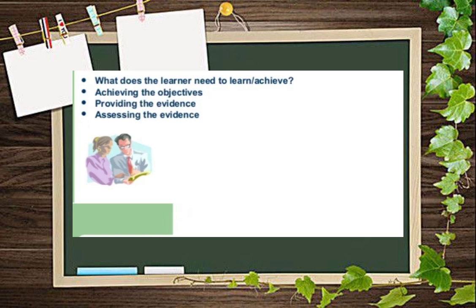Next, the third step in making a learning contract is providing the evidence. Personal reflection and analysis by the learner or group on events relevant to the objective is a useful way of identifying learning.